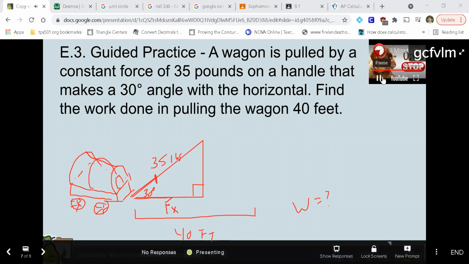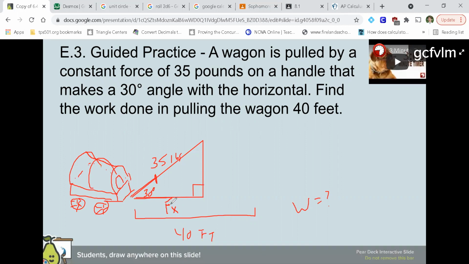All right, George. Fix this. Okay. Do you know how I could find this horizontal component here, or the adjacent side? Over 35.